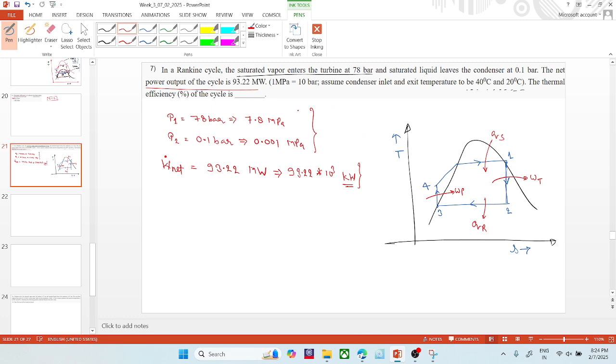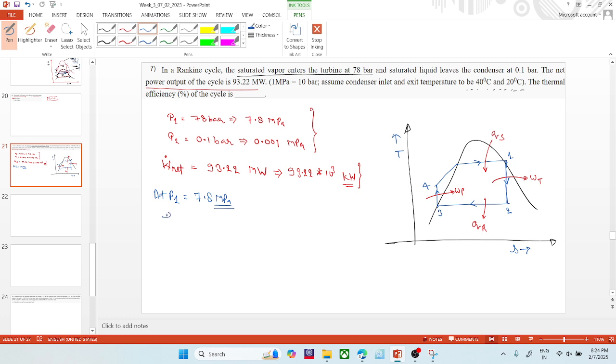Now, how do we have to start? We have to get the enthalpy at all the points. So at P1 is equal to 7.8 MPa, this is the vapor phase.